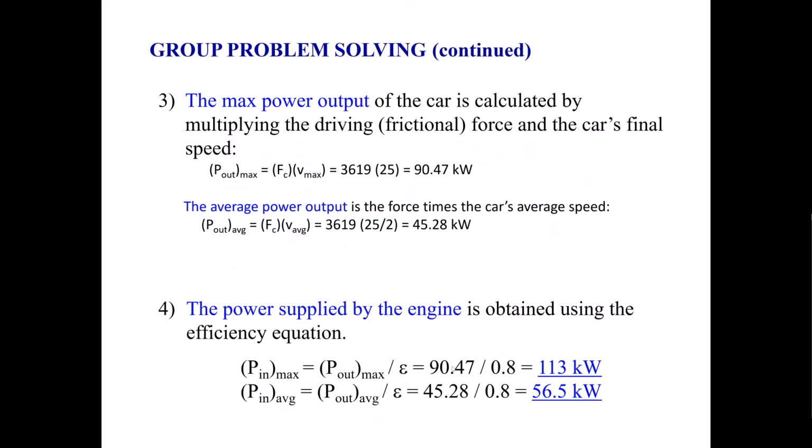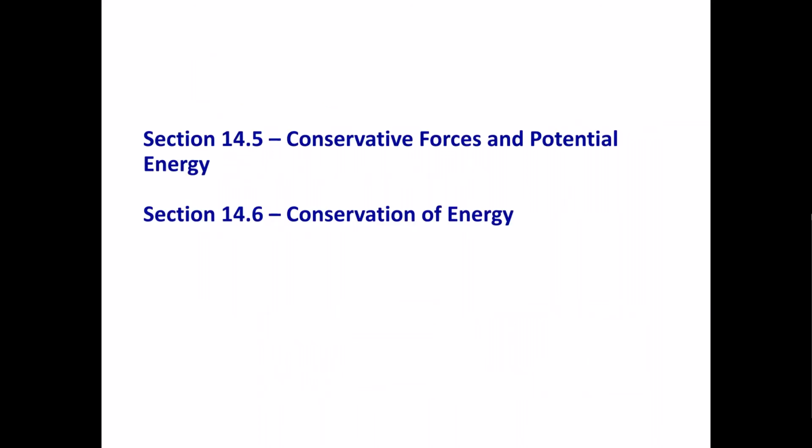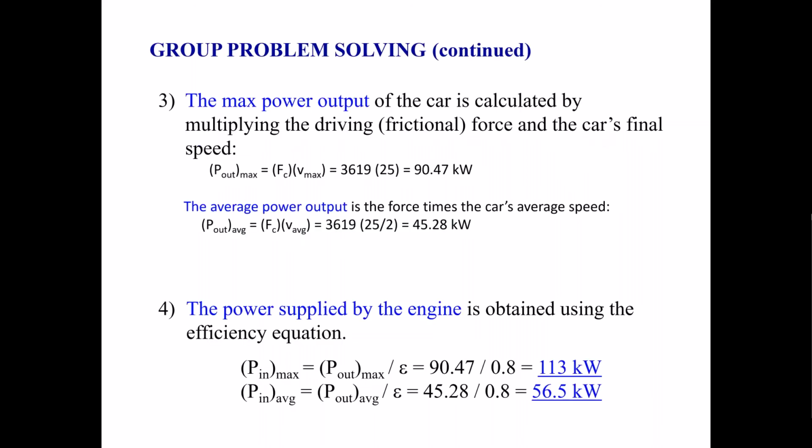And our efficiency was 0.8 in both cases, so we can manipulate that efficiency equation in order to solve for the maximum and the average power supplied by the engine. And that is that for this section.